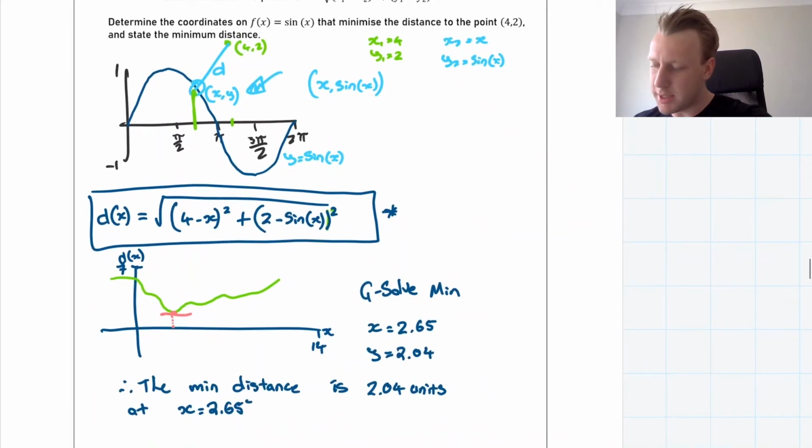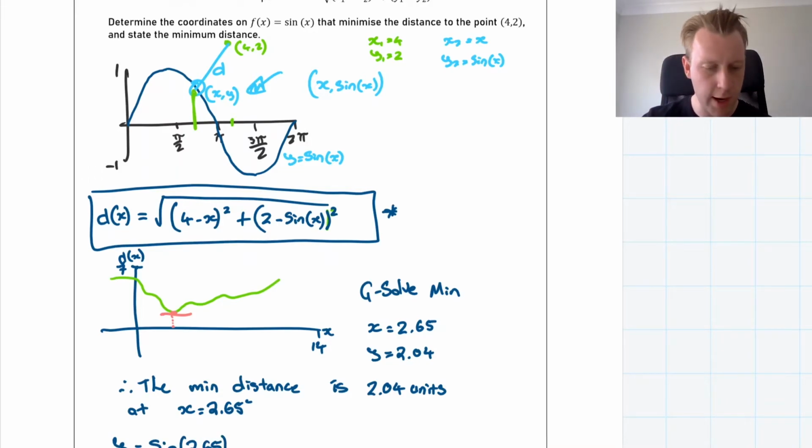Now we're pretty much just going to sub that back, so we might actually just go y equals sine of 2.65 in radians, evaluate that.